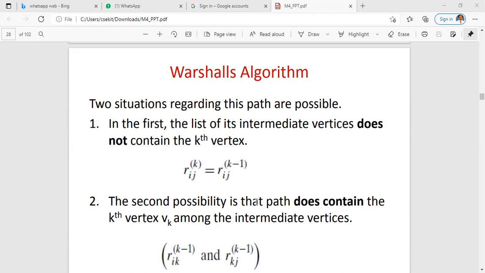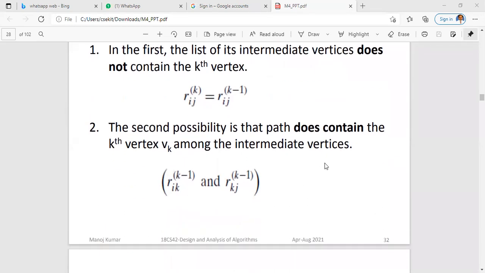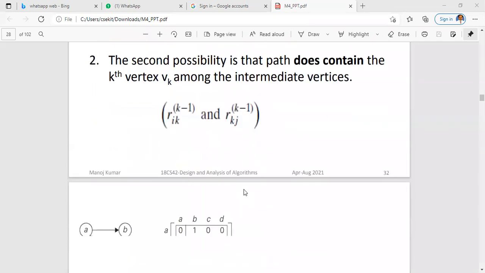The second possibility is that the path does contain the kth vertex. In that case you go with Rik and Rkj. As I have already told you, it's the transitive property: A to B, B to C, so there is a path from A to C. I to K, K to J, so there is a path from I to J.